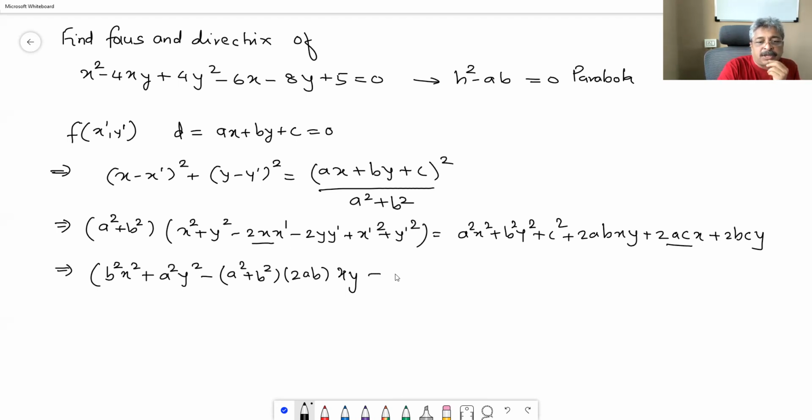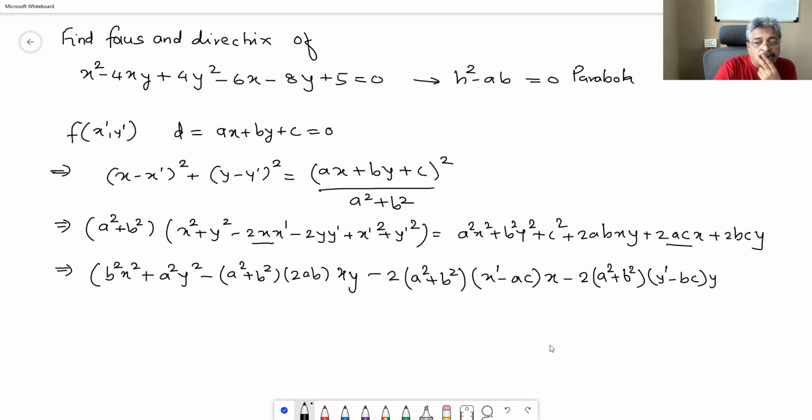Therefore, if we take the minus sign out, we will get 2 into a square plus b square, multiplied by inside the bracket x dash minus ac, something like this, times x minus 2 into a square plus b square into y dash minus bc times y. Sir, there it should be a square plus b square into x dash minus ac. Not a square plus b square into ac. Why here a square plus b square is the multiplier, then you have minus 2.